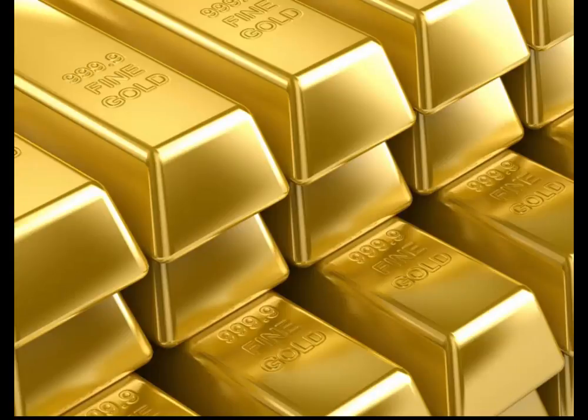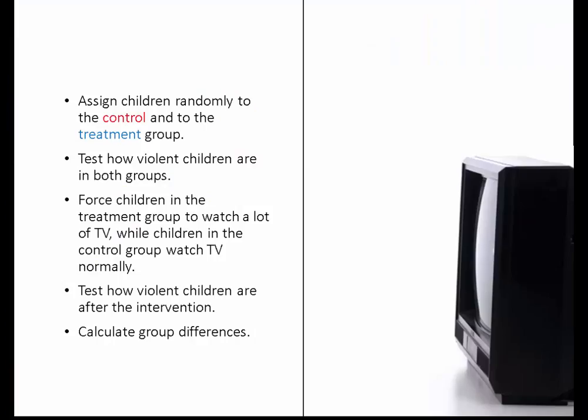Let me apply this now with our example of children that watch a lot of TV. With an experimental design, maybe you already see the difficulties here. There are huge ethical issues. But let's say we could assign children randomly to the control and to the treatment group. And then we look at how violent both groups of children are.